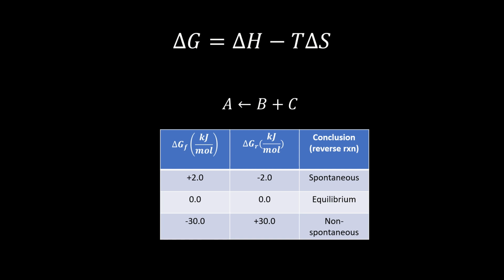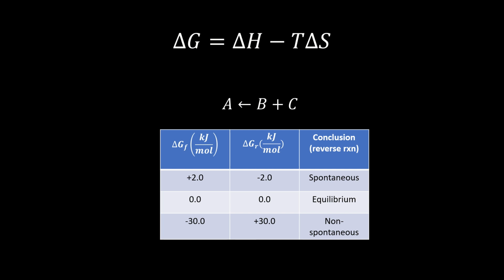Here are the conclusions we can make from that. If free energy change in the forward reaction is positive 2, then in the reverse direction it would be negative 2 kilojoules per mole. If in the forward direction it is 0, then in the backwards direction it is also 0. And if in the forward direction it is negative 30, then in the reverse direction, free energy change would be calculated as positive 30.